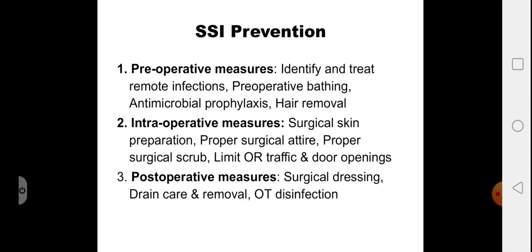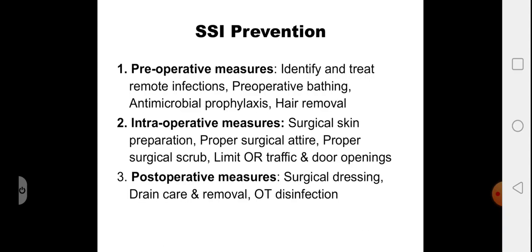And we can even plan for redosing. Usually a single dose of this antibiotic is sufficient, but if there is a longer duration of surgery, like joint surgeries or cardiac surgeries, the prophylaxis can be continued up to 24 to 48 hours depending on the surgery. Otherwise, a single dose will be sufficient.